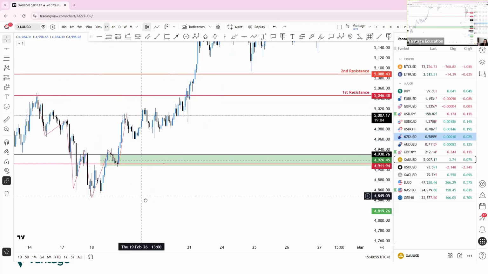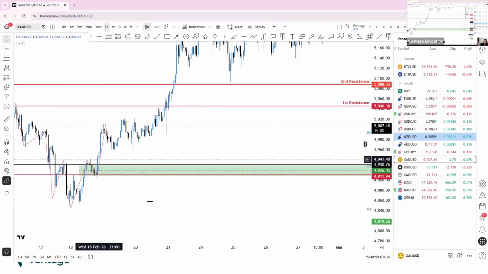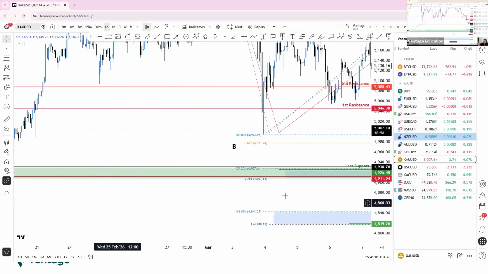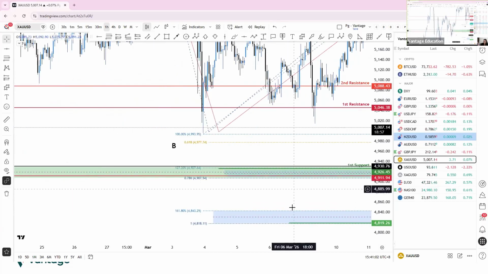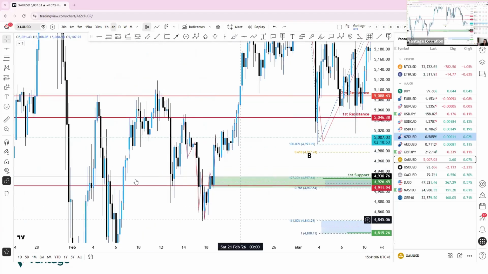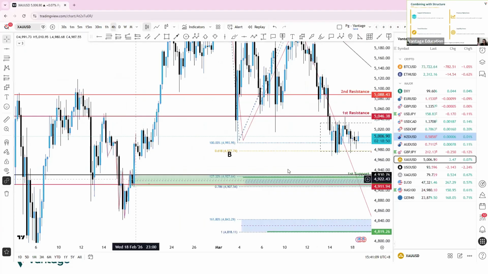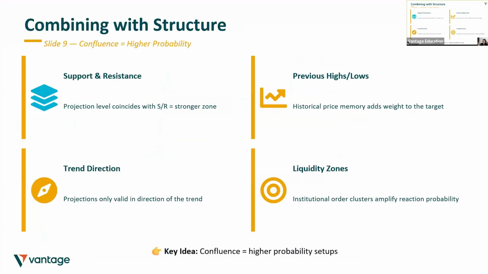On the top here you can see this is a resistance breakout because of this H1 breakout. That's why you mark out this zone. There is no liquidity, but at least we have the OB here. The key idea is that confluence equals high probability setups.